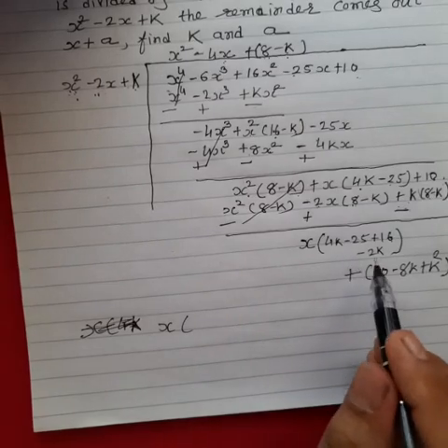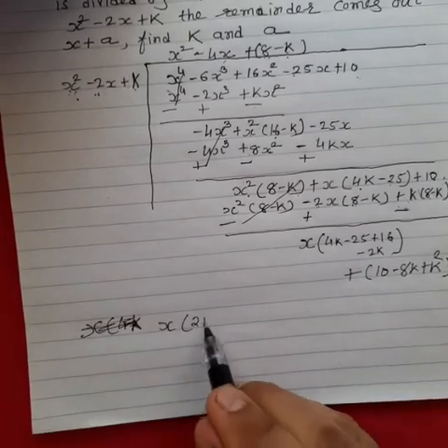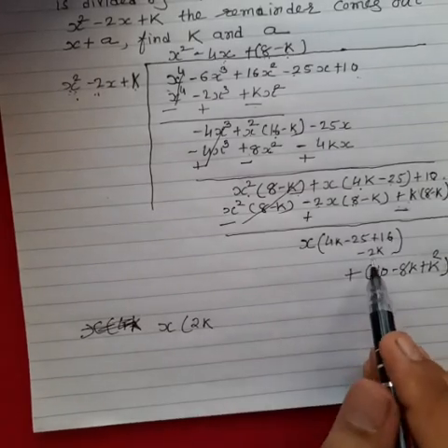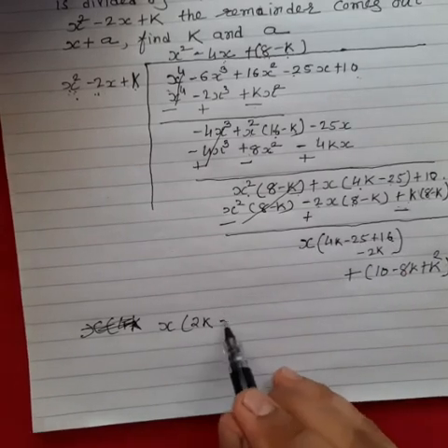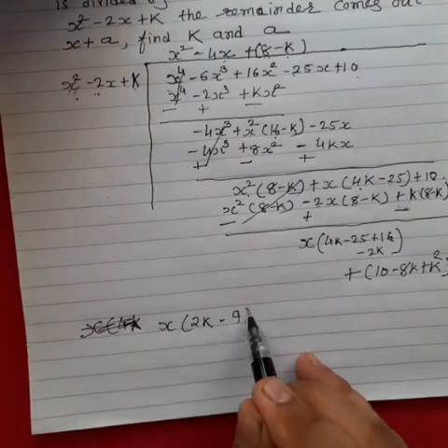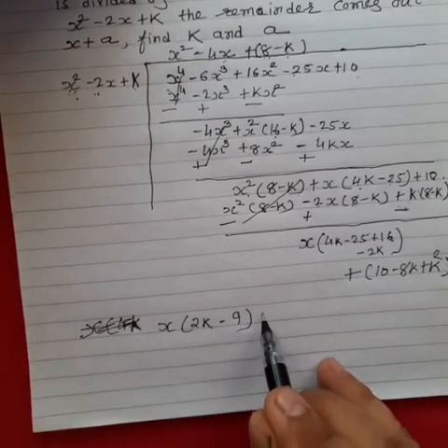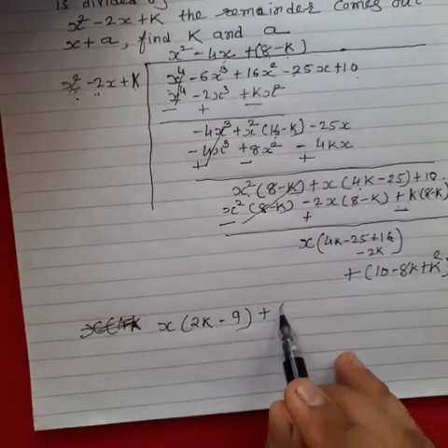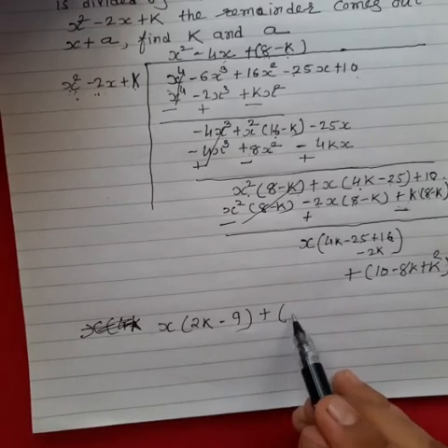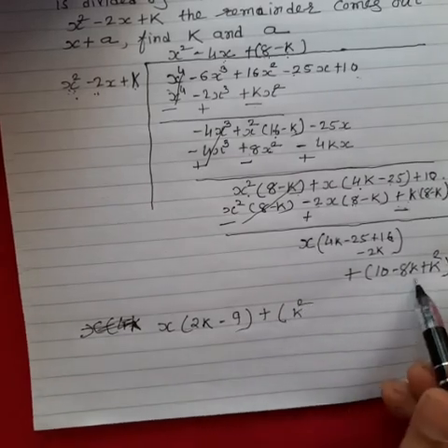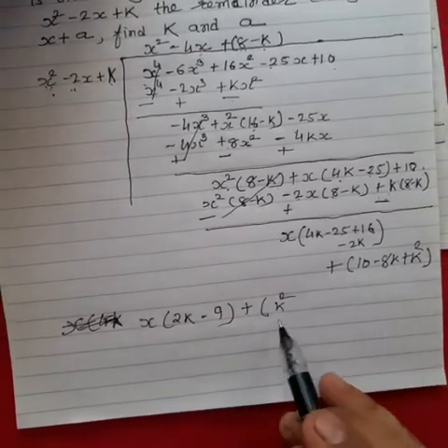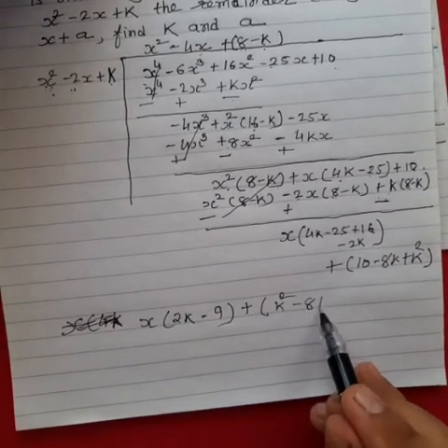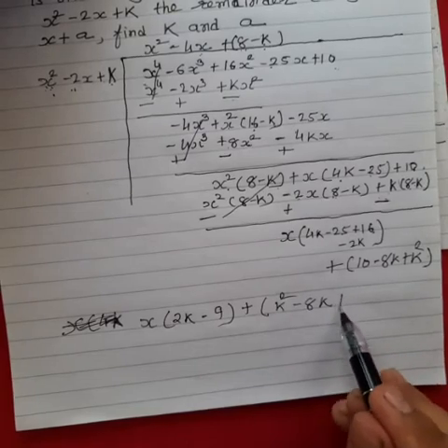X into 4k minus 2k, that is 2k, then minus 25 plus 16, that is minus 9, plus here I write first k square, then minus 8k plus 10.